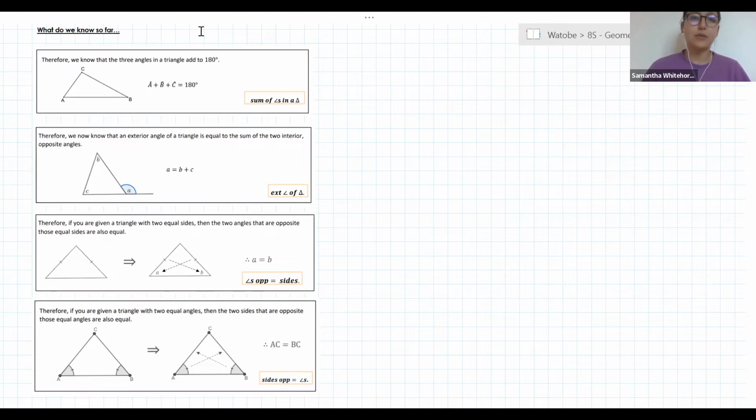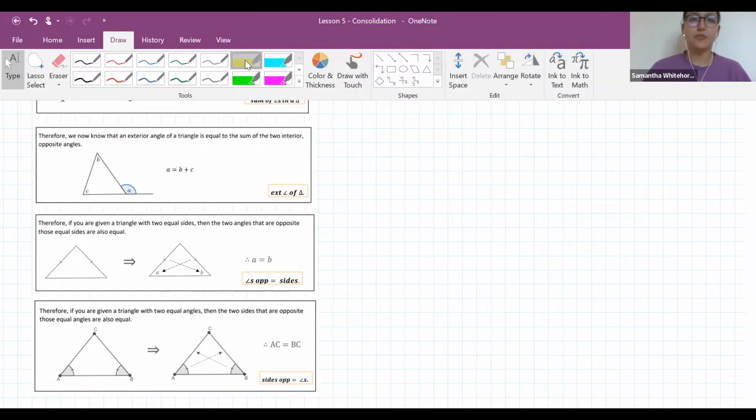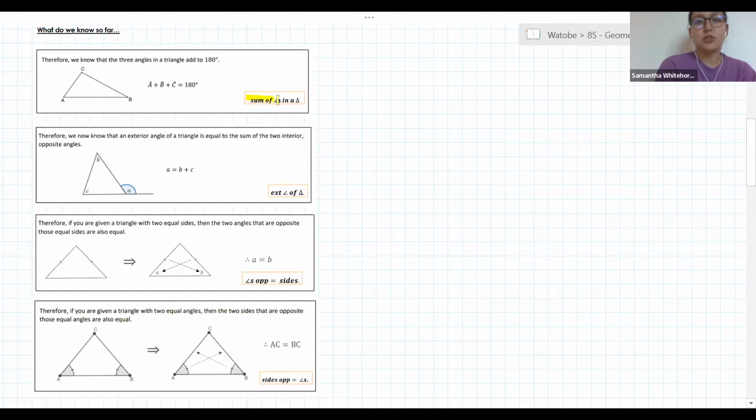The 4 reasons we have here are, firstly, angles in a triangle add up to 180 degrees. That's sum of angles in a triangle. Secondly, an angle exterior to a triangle, so outside a triangle, is equal to the sum of the 2 opposite interior angles, so exterior angle of a triangle.